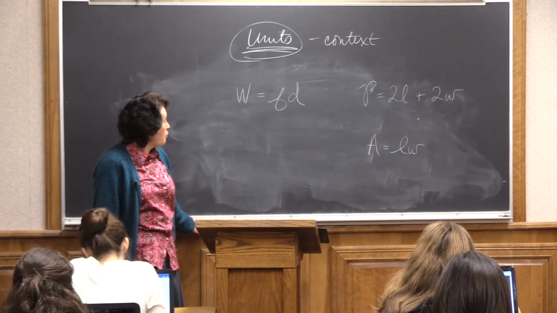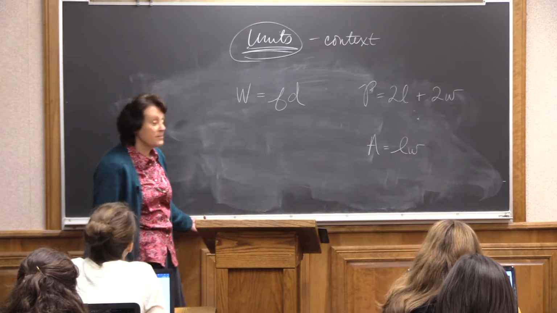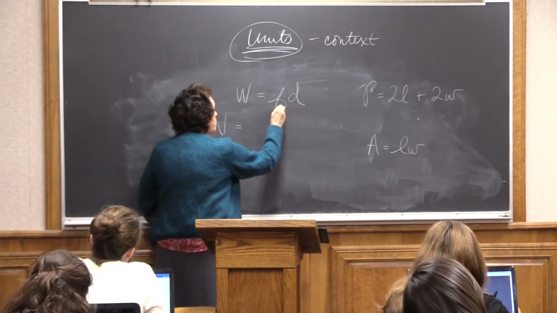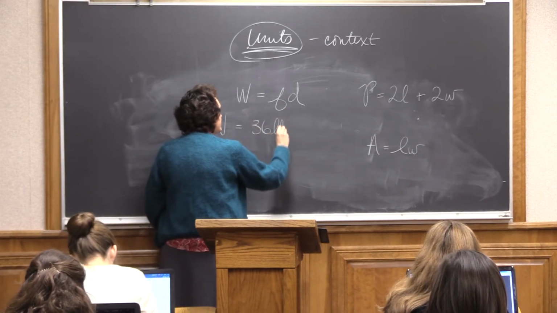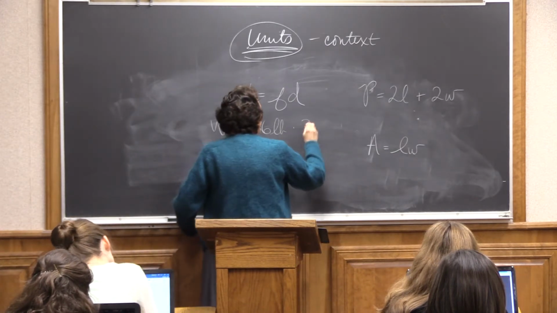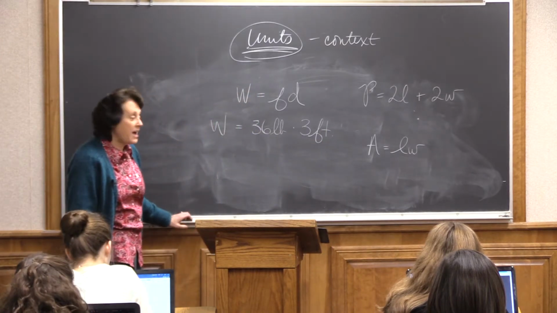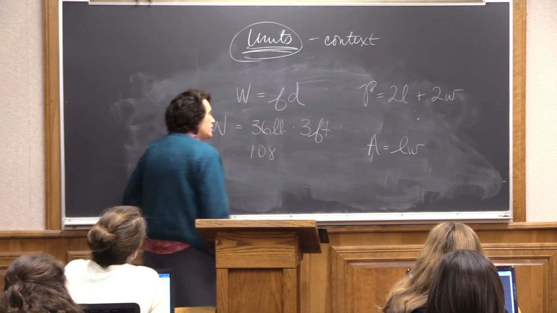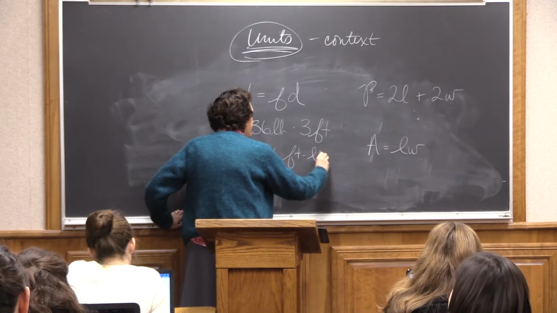All right? Work is force acting over a distance, okay? So we're going to multiply. Force will be in pounds. Let's say I'm carrying a 36-pound weight for 3 feet. So I'm going to multiply 36 times 3, which gives me 108. The unit is foot-pounds.